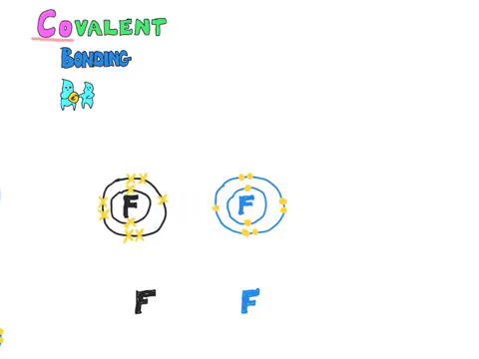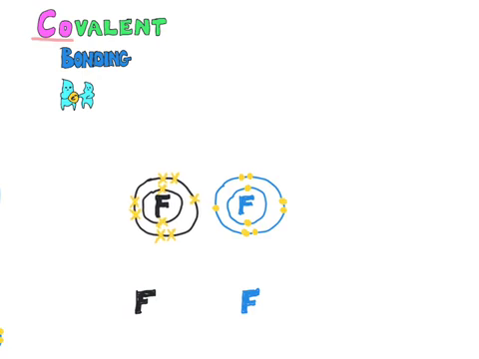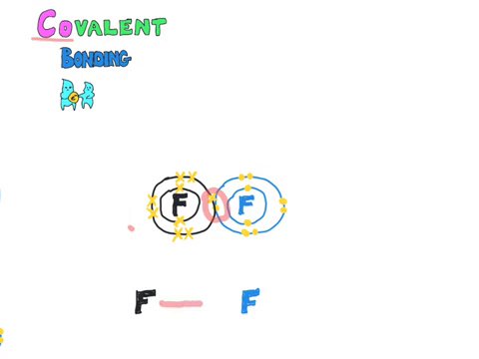So fluorine is a diatomic molecule, which means that it is found in nature as a pair. The reason for that is because fluorine can bond to another fluorine, and the actual electrons are shared. So the electrons which are shared are right in here. And so we can represent this dot and cross, and these are the shared electrons, with a line.